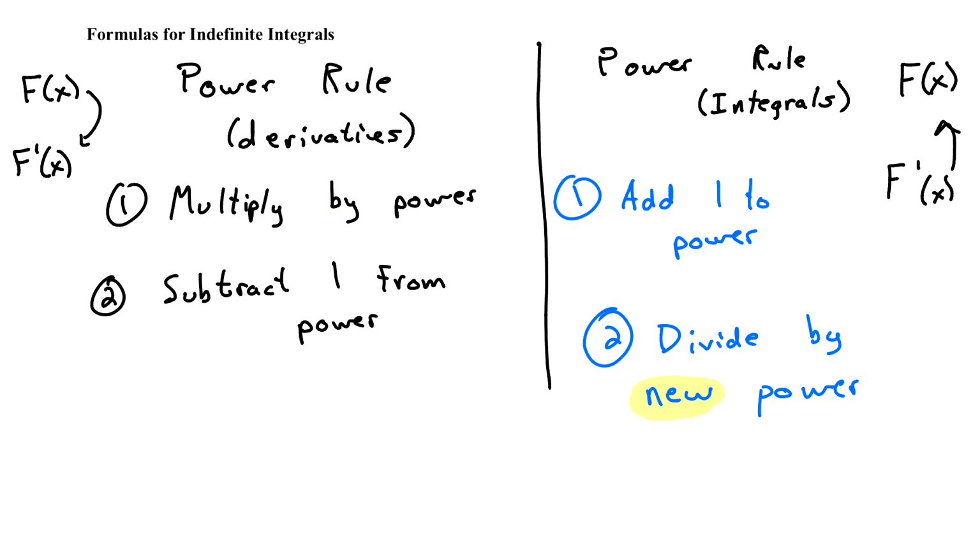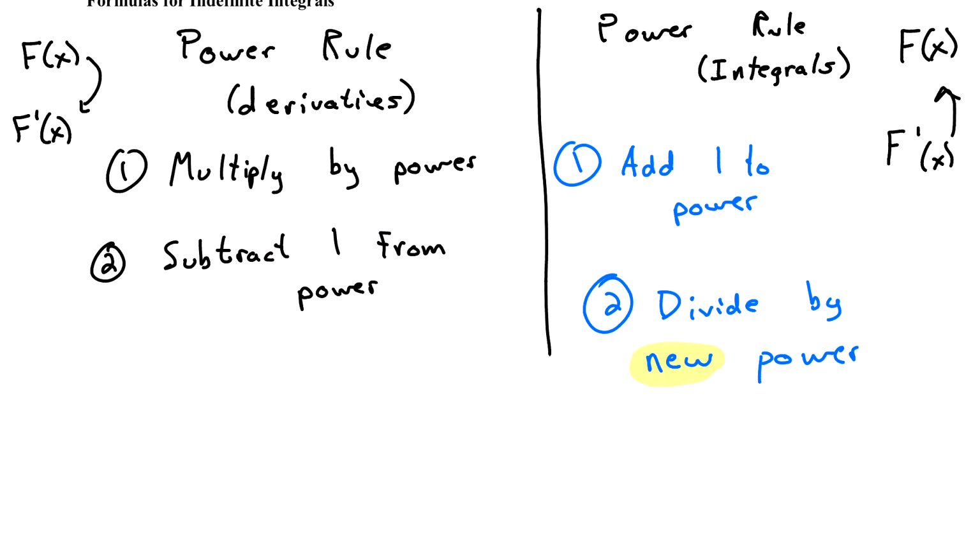So let's just do a really quick example. Let's say I wanted to find the indefinite integral of, how about, 18x squared dx. Let's suppose that I wanted to integrate this function.